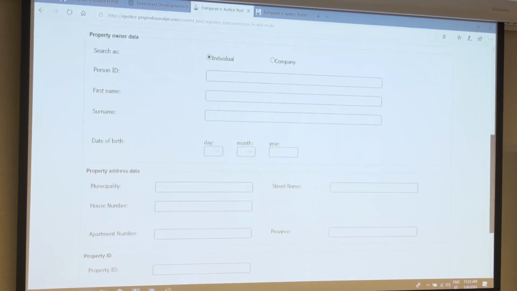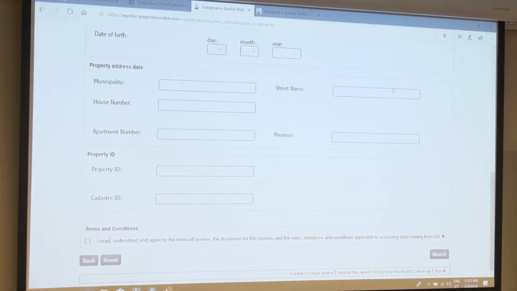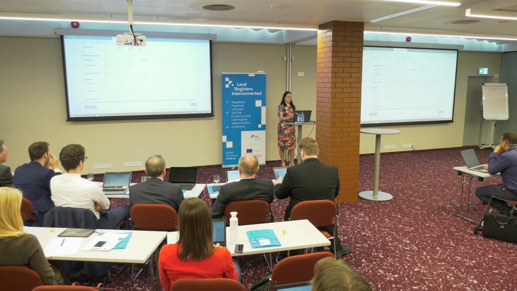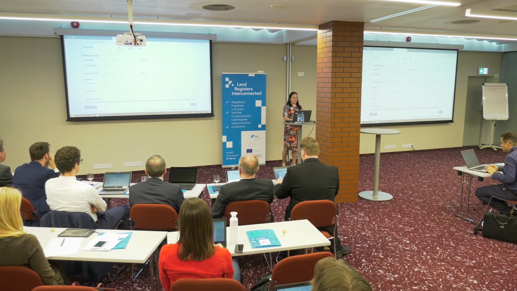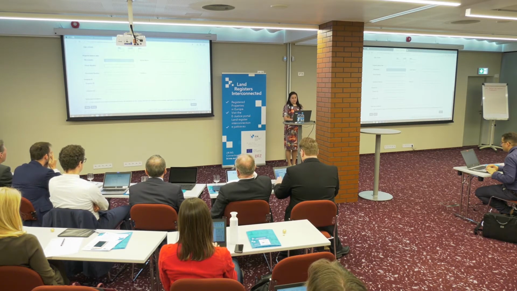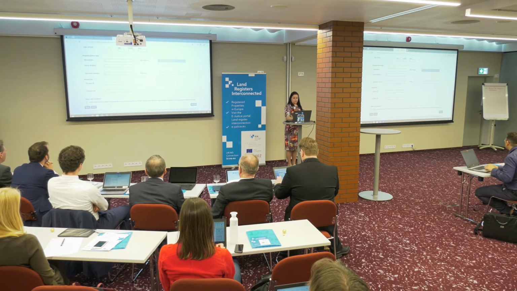So for the Estonian case, we decided that it might be best for the user if for address we have the boxes, as we all know, name of street, municipality, house number, etc. Otherwise, in Estonia, you could put your data in any of those fields and you would basically get the same answer.